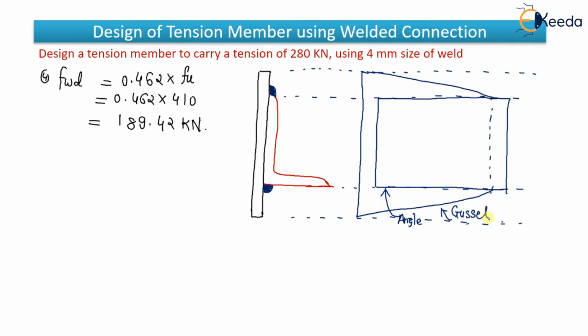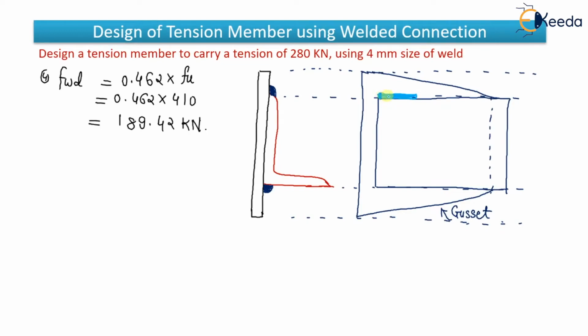They will be connected by the weld. Let me erase this one because we have to draw the welding there. I'll use a different color for the welding. So there will obviously be welding here. This part will be welded like this.